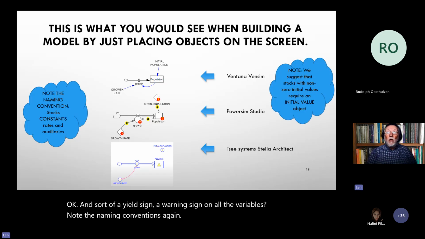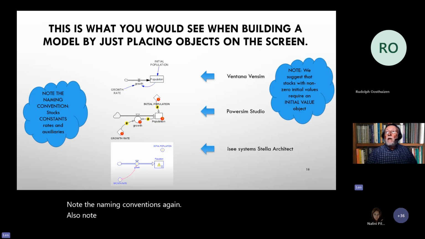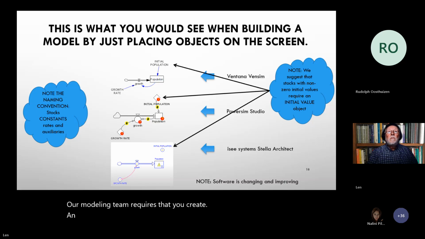Also note a construction quality recommendation: for any stock whose initial value is not 0, our modeling team requires that you create an initial value. Okay, for non-zero initial values.